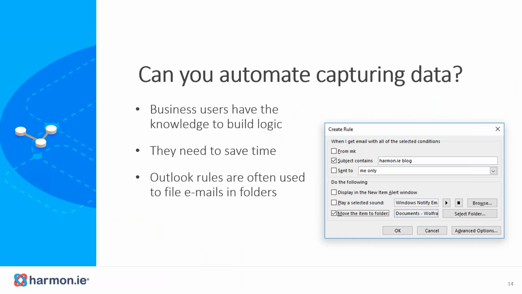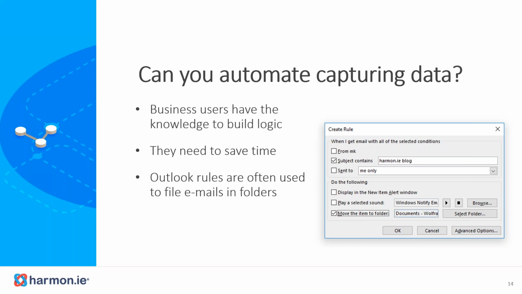So one of those items that we just briefly touched on when I'm saving something as a favorite was to be able to make the location available as an Outlook folder. Now, the key benefit there is that I can then use those folders in Outlook rules to help automate the capturing of emails that I'm receiving.